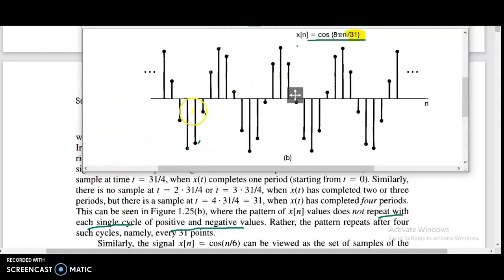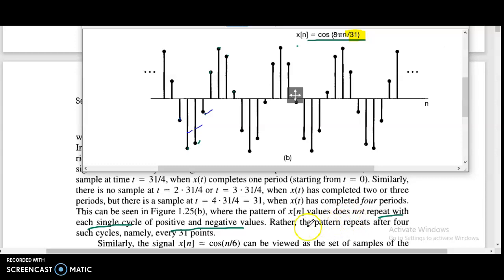So here, the one coming after this one is not immediately a plus or minus alternative coming.